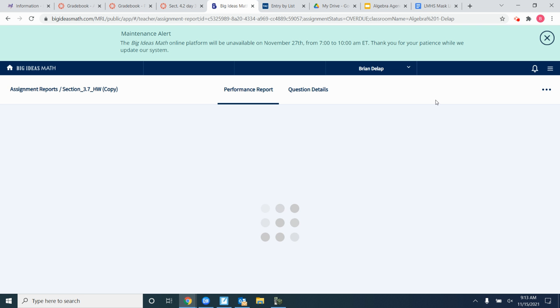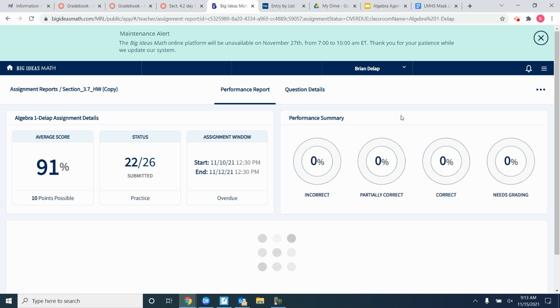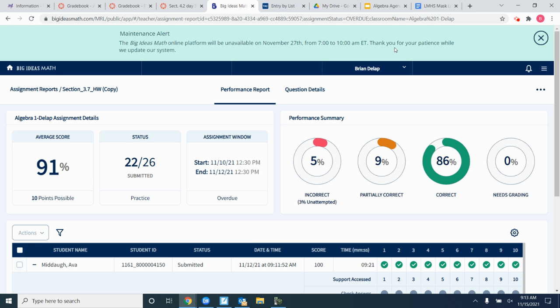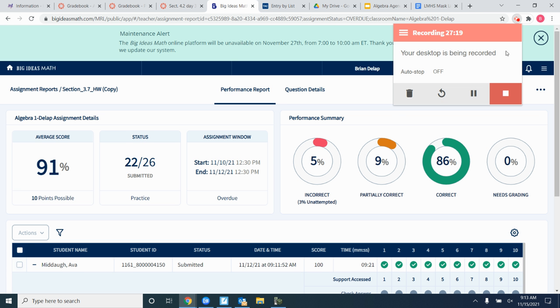I didn't turn mine in yet because I didn't get it finished. It wasn't working last week. Is it working now? Pull it out.